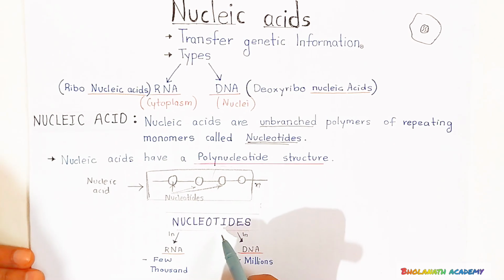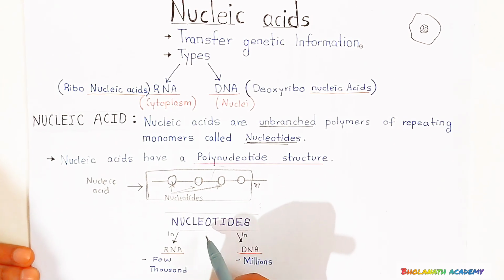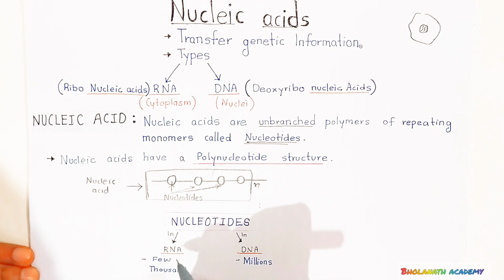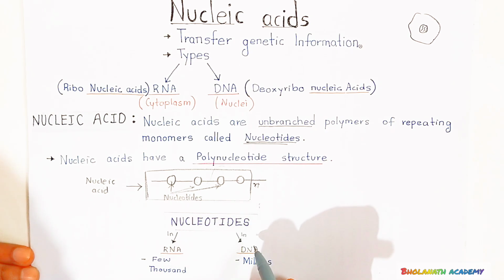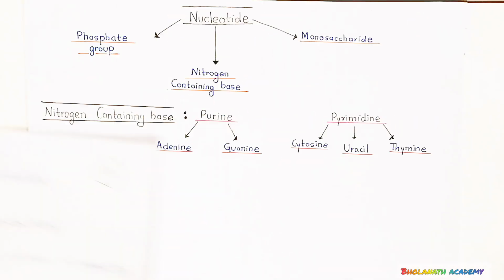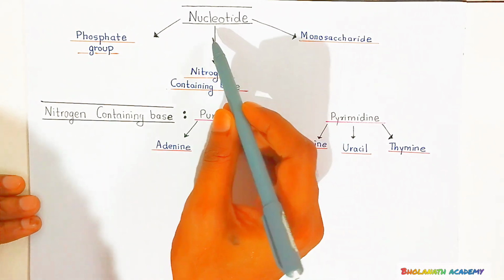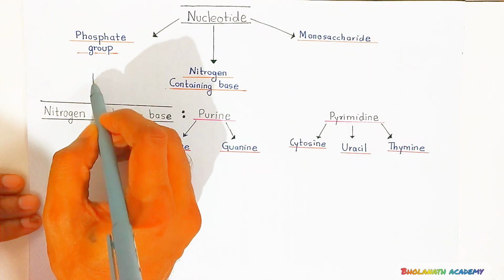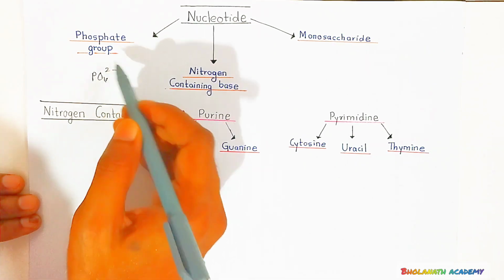Nucleotide, what are nucleotides? In RNA students, nucleotides are a few thousand, and nucleotides in DNA you will find in millions. Nucleotide contains a phosphate group, PO4 2 minus, that is called the phosphate group.